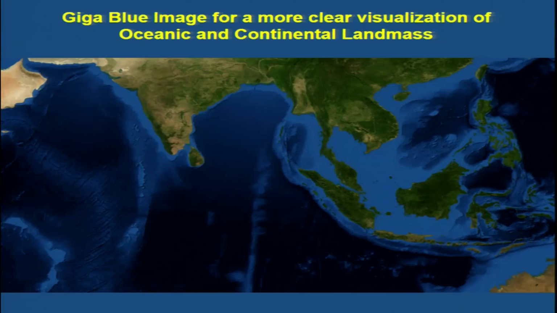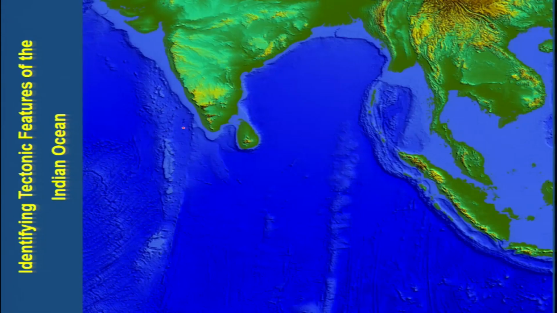So moving ahead, this is a GigaBlue image, and you can use these kinds of images for a clearer visualization of the landmass from the oceanic regions. And if you want to read the elevation information for the landmass, then you should go for some topo maps or some kind of SRTM map, or images which contain the information of the elevation also. So lat, long, elevation.